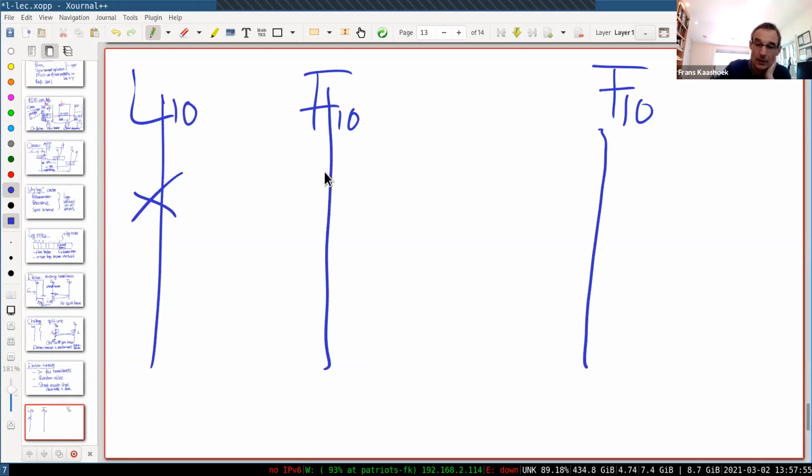Let's say this guy goes first and it votes for itself. The protocol records on stable storage who it voted for. So if this is follower 1, this is follower 2, it'll record that it voted in term 11 for follower 1.